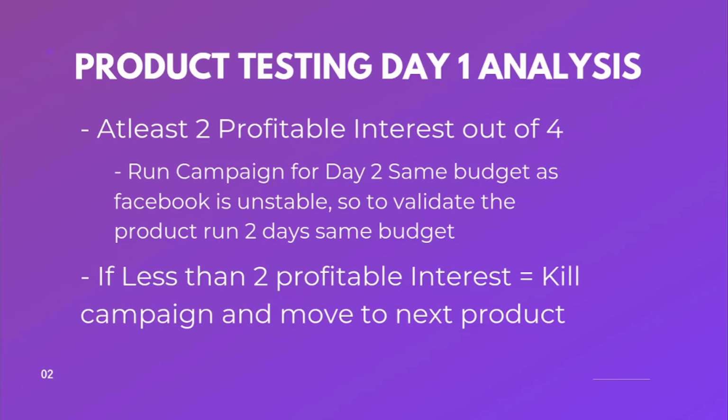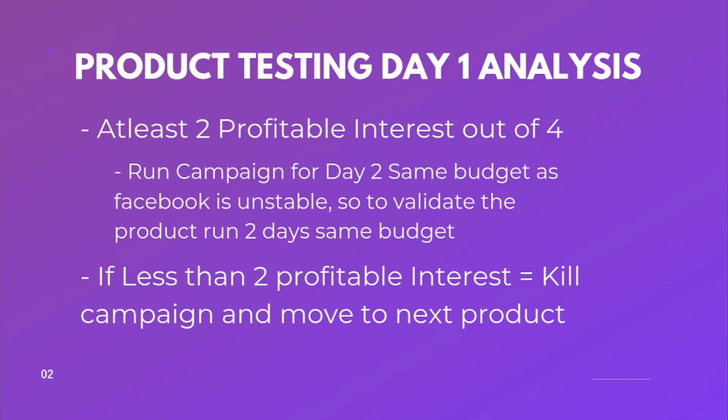I run the campaign for the second day, same budget. Facebook is unstable as we all know, so to validate this properly, I keep the budget the same and run the ad set for the second day. Same campaign, same ad set, only I kill the unprofitable ad sets and duplicate 2 more ad sets similar to which is working well.